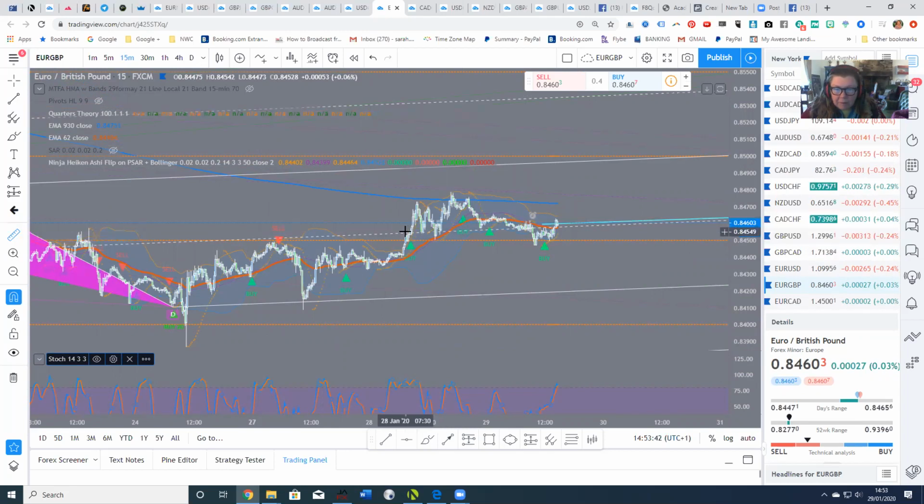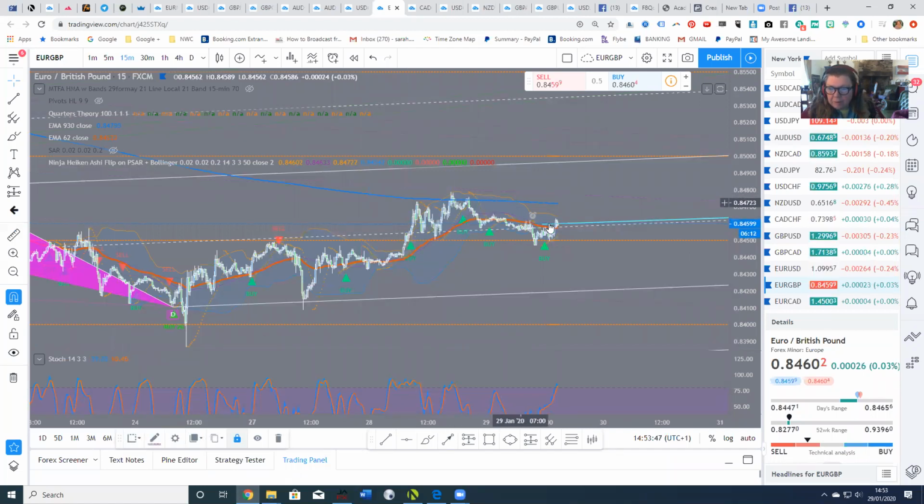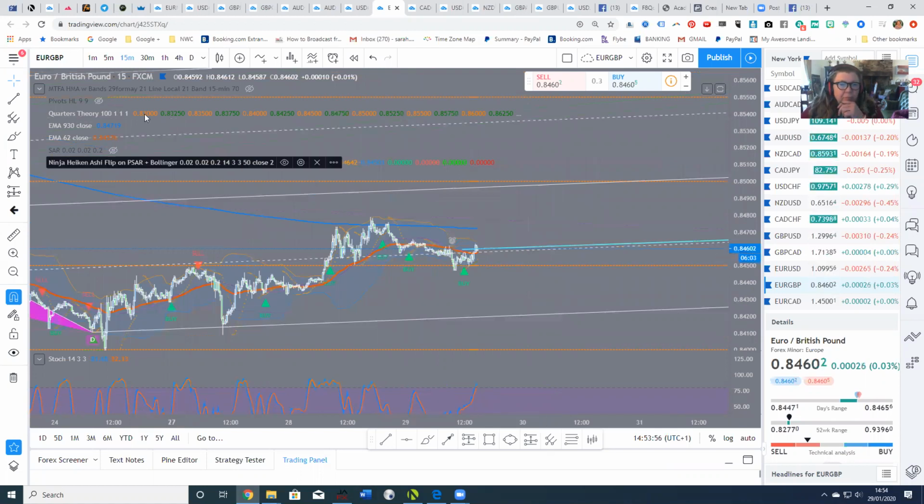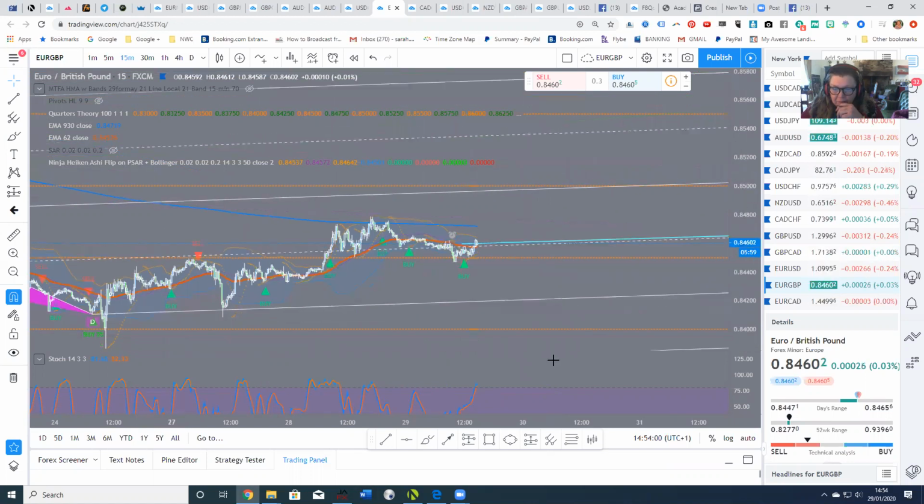I'll just put that, you know, it's broken up over 20 pips. So I'm still looking at this for a buy, which is why I had the alert set there. That's on the 15-minute. So the stochastic saying it's overbought, and it's playing along here on this pitchfork, and it's very restricted.